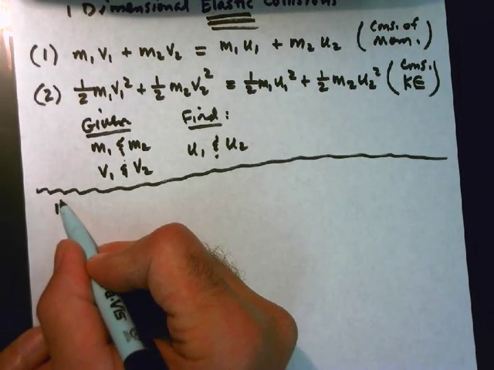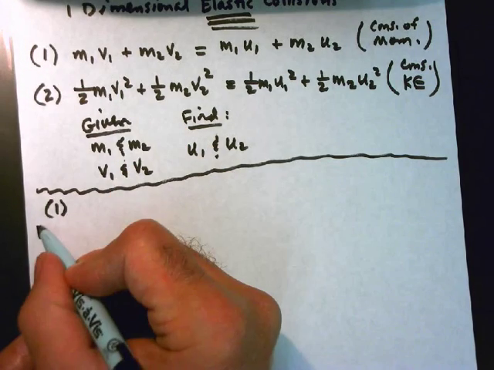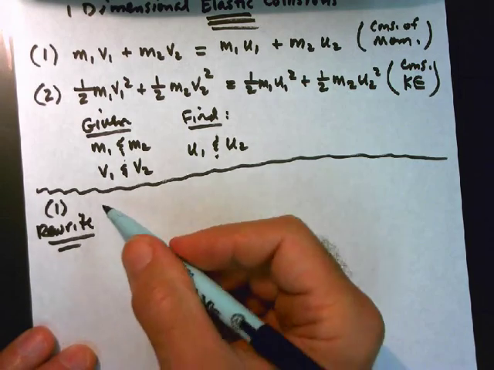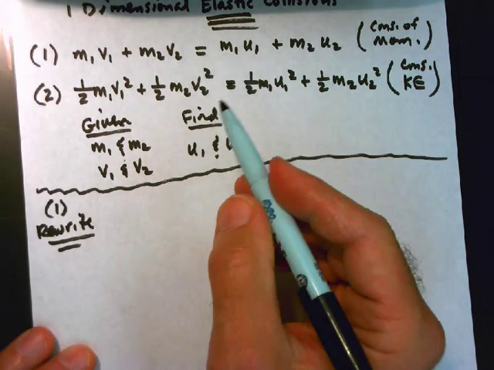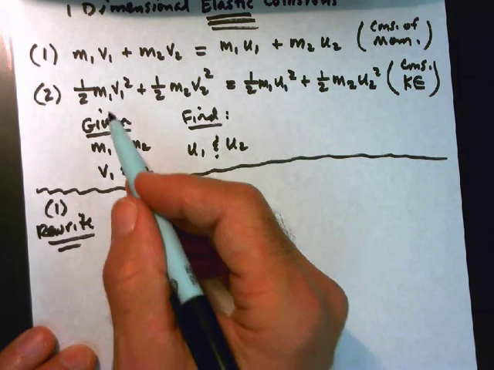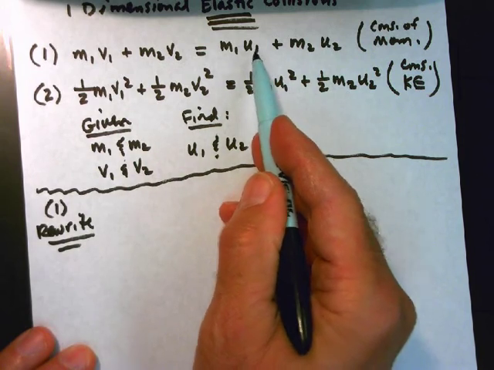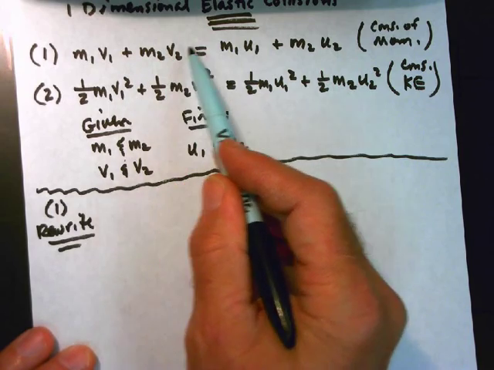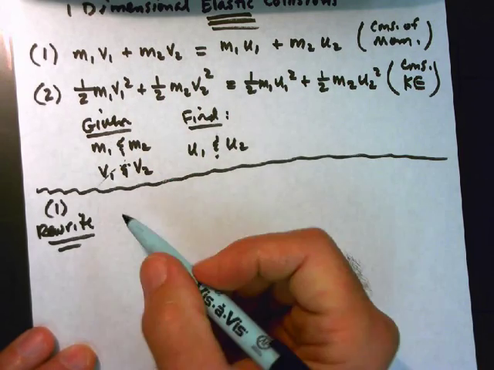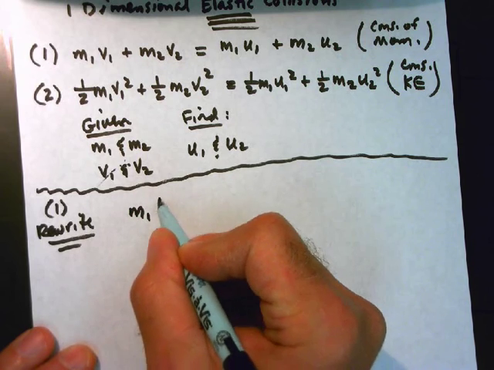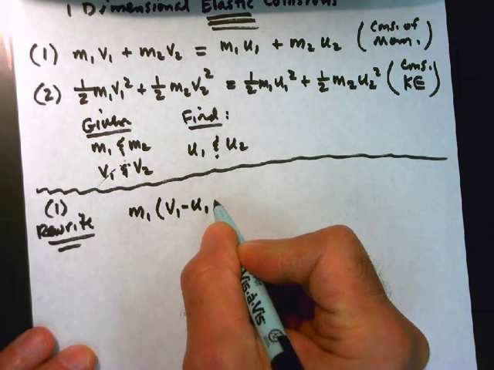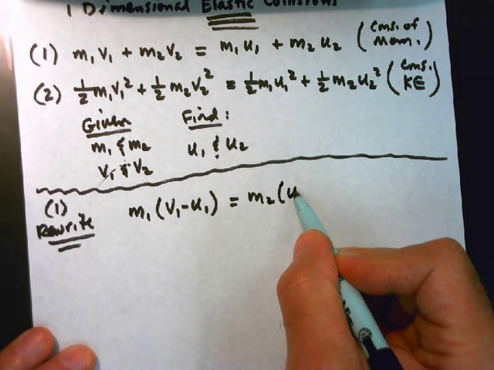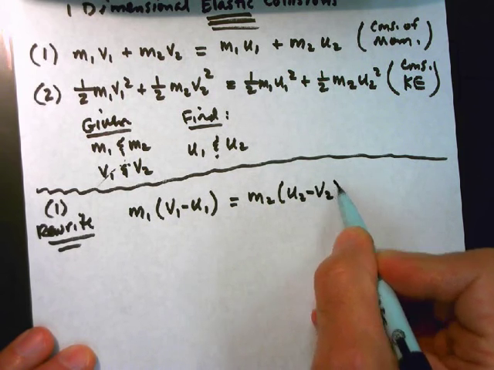First, I'll rewrite equation number 1 in terms of differences in momentum. If I pull m1 u1 over to the left-hand side and pull m2 v2 over to the right-hand side, we get m1 times (v1 minus u1) equals m2 times (u2 minus v2).